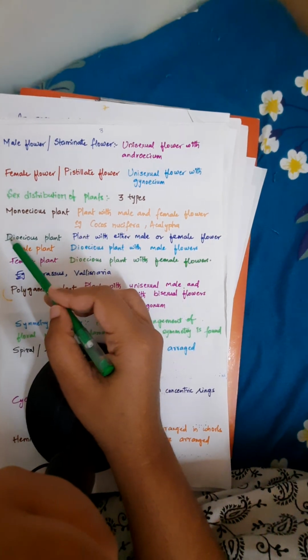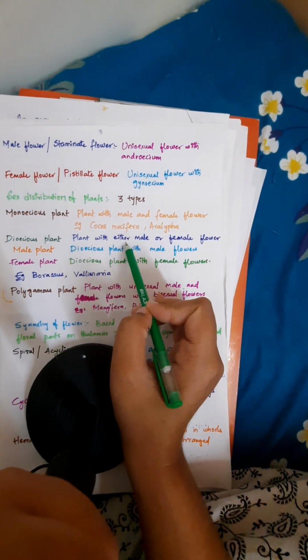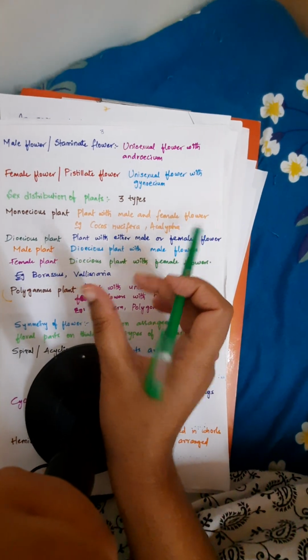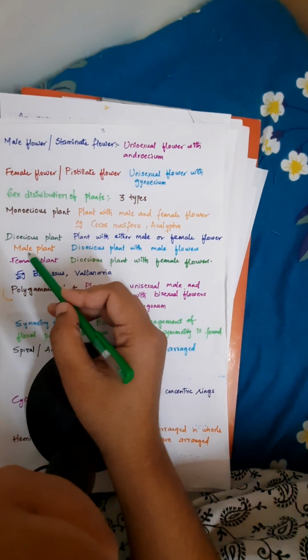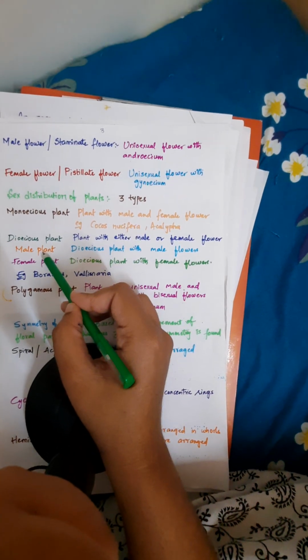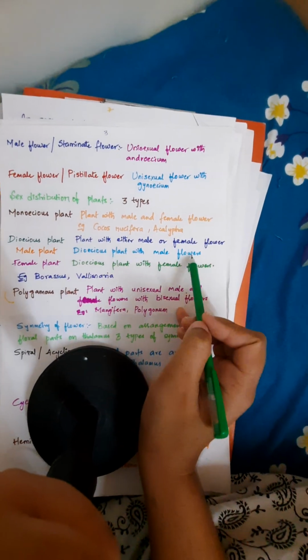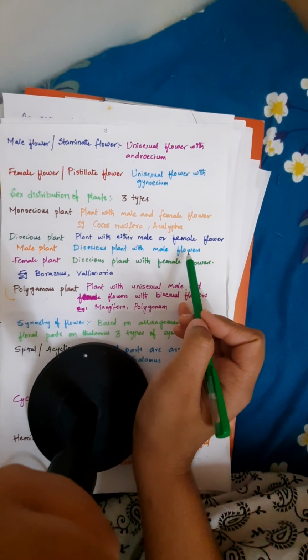Coming to the dioecious plant. Here the plant contains either male flowers or female flowers. Male flowers are on one plant and female flowers on a different plant. Male flowers will grow only on the male plant, the dioecious plant with only male flowers, meaning it contains only anthers.